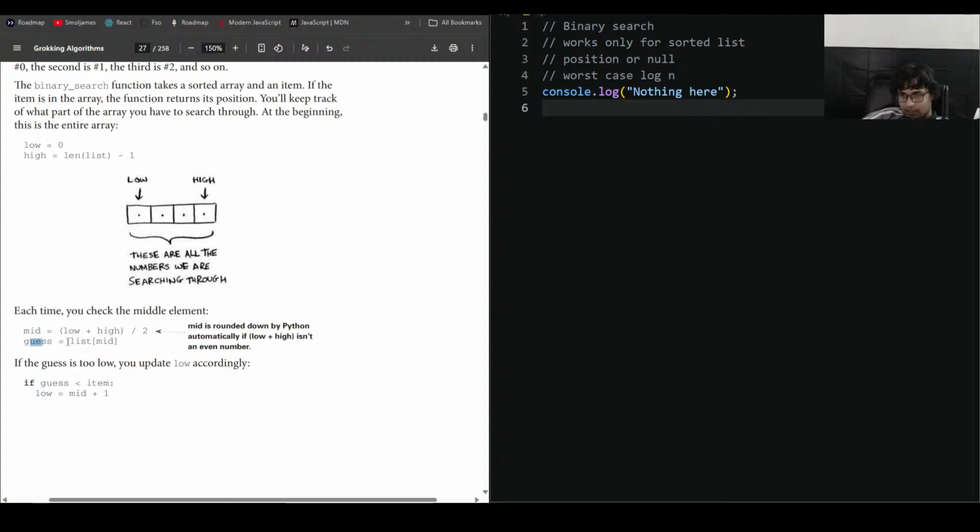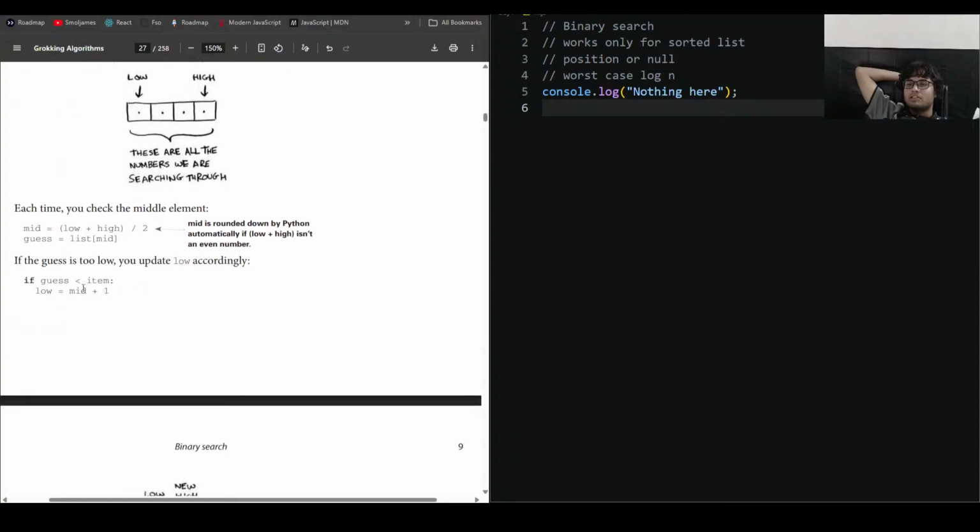Guess, a new variable. List, that's our list, that's the array, and then the mid is going to be that number. So if the guess is too low, you update low accordingly.